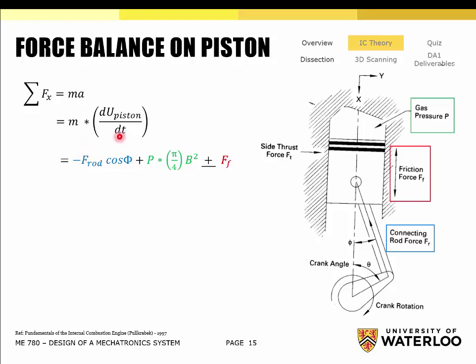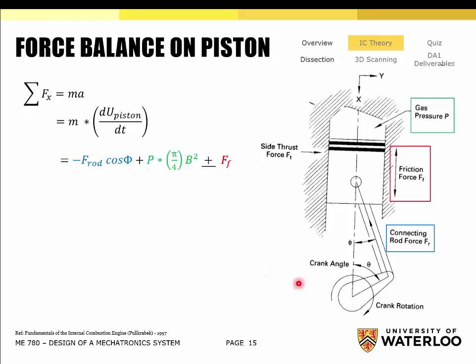The final thing is the frictional force, depending on the direction of the friction at that particular time. Generally it's always negative because it's opposing the direction of motion, but I put it as plus or minus here just to show you that it can change direction depending on the direction of motion that you're in. Hopefully that's simple enough that everyone can understand and appreciate that.